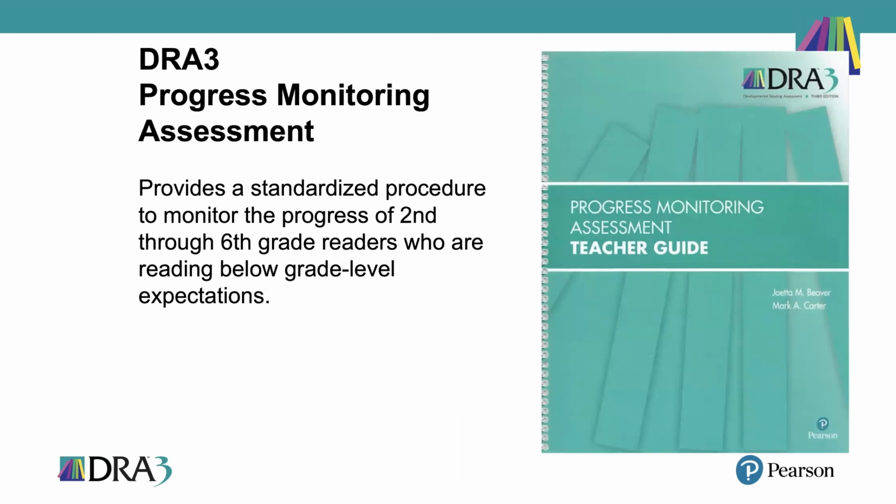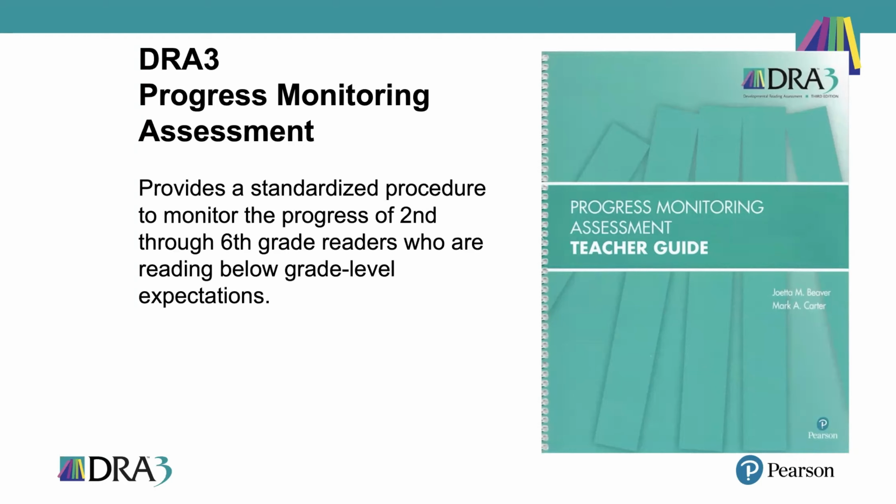The Progress Monitoring Assessment provides a standardized procedure to monitor the progress of 2nd through 6th grade readers who are reading below grade level expectations and who require additional careful monitoring and instruction in order to make progress. This assessment can be administered frequently to document students' progress in specific skill areas over time.